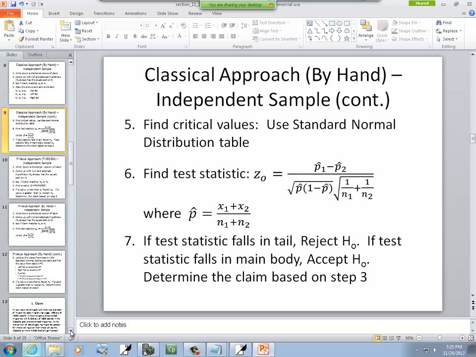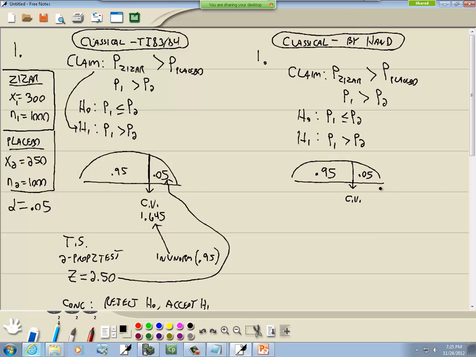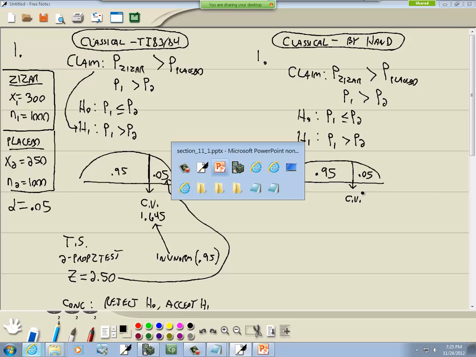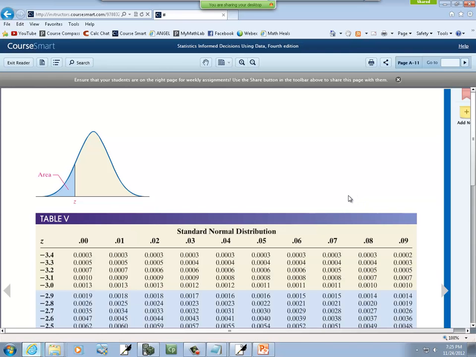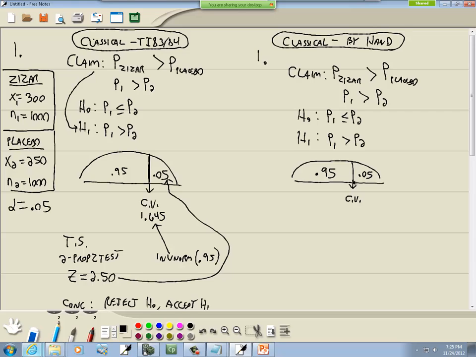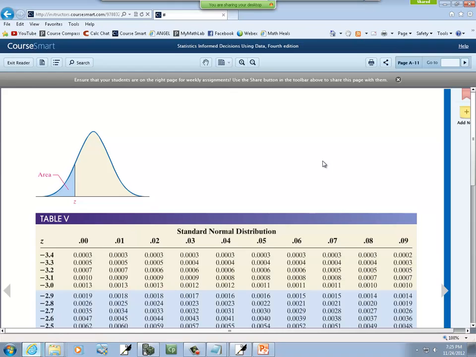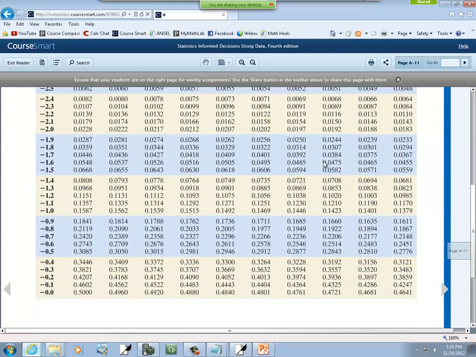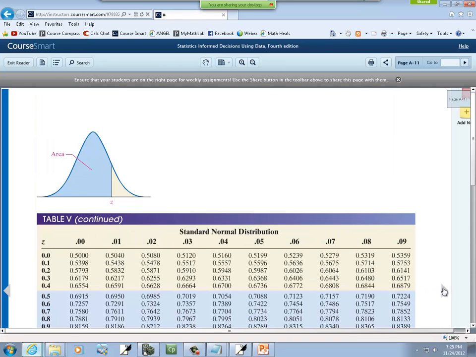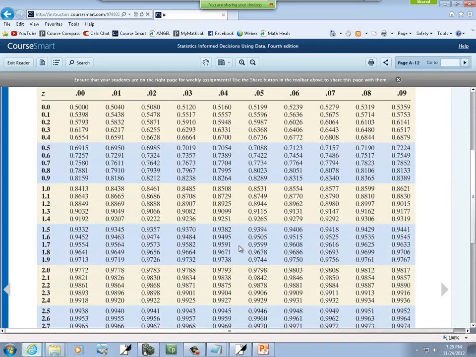Okay. And then it says find the critical values. Use the standard normal distribution table. Okay, so let's go look that up. Now, it's based upon the area to the left. So I'm looking at this critical value. The area to the left is 0.95. So I'm going to look at my table here for 0.95. And I'm looking for it in the middle. I'm looking for the value that's closest to it, or exact, if I can find it, but I won't be that lucky.